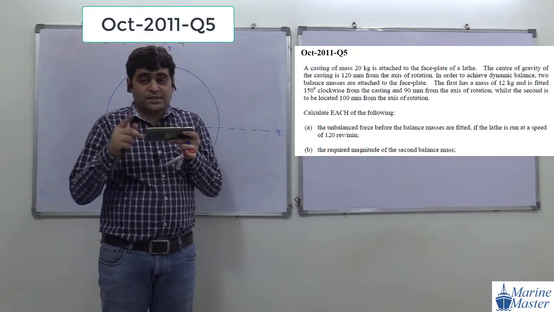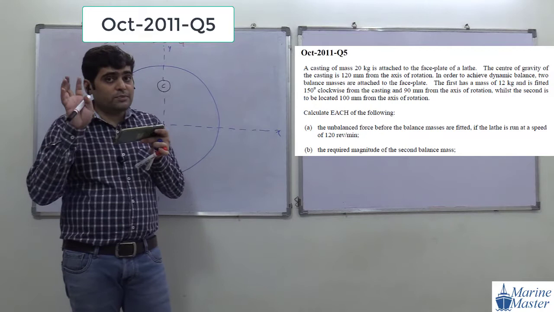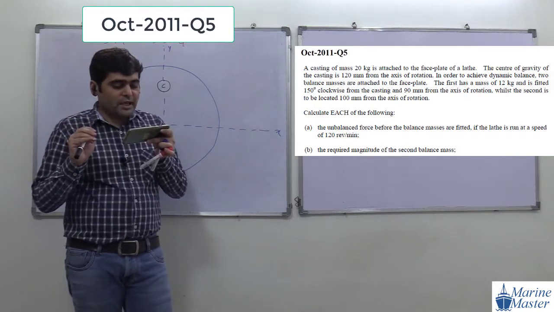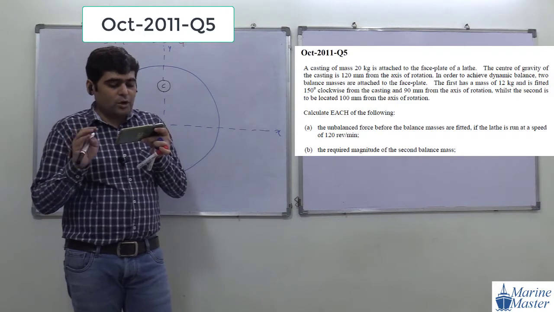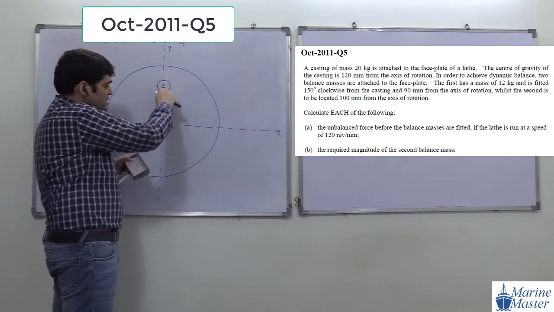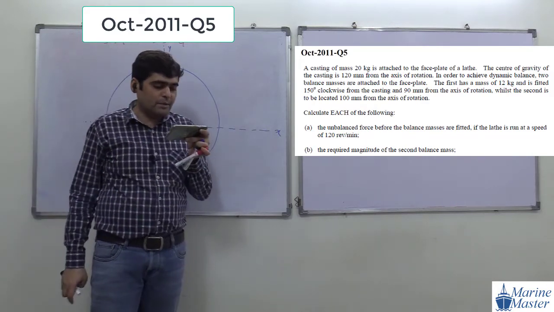Okay, we are denoting casting by C. So see the scenario. Here there is one casting that we have attached on the face plate of the lathe. The center of gravity of the casting is 120 mm from the axis of rotation. Means the radius of the casting, from here to here, they have given 120 mm.